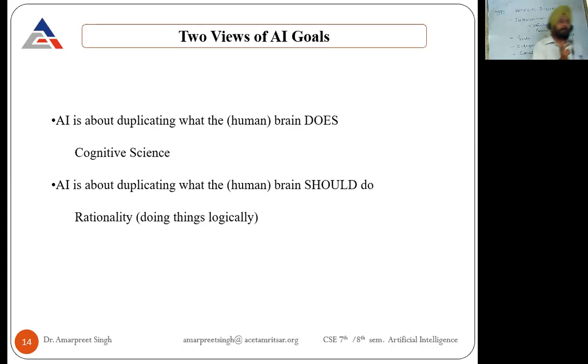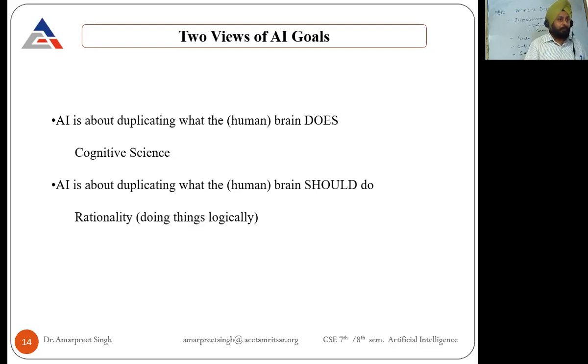Sometimes there are situations where we should not go about everything very rationally. Suppose there is a lecture time, but sometimes there was a function and you all got very tired. After that function, there is your lecture time, and your teacher is saying you have to attend the lecture. In the lecture, you are all tired and feeling sleepy. But as there is a timetable, you should attend the lecture. So you are attending, but you are not getting anything out of it.